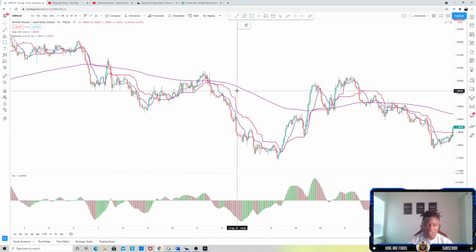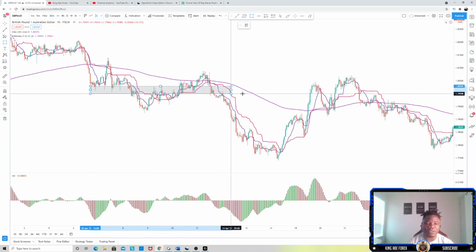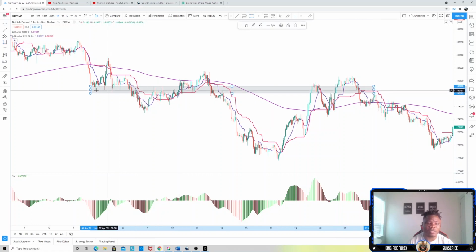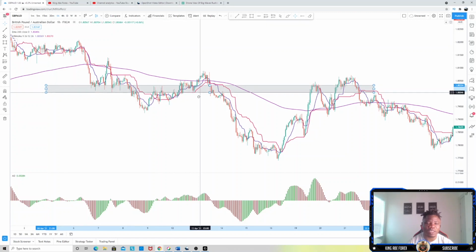Because we're trying to get in for a sell, this time around we need to look for where our support zone is. Right over here to the left side, we actually have a support zone that became a resistance zone as well, on the 1 hour time frame.